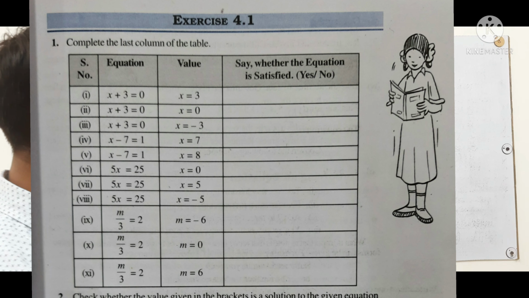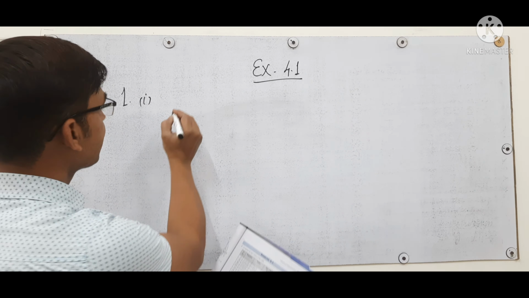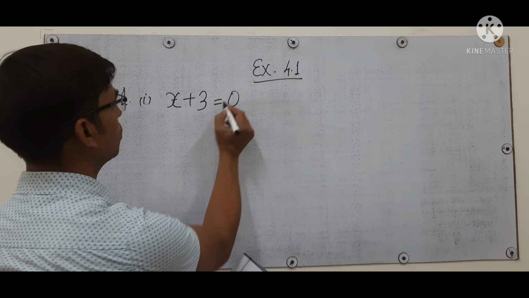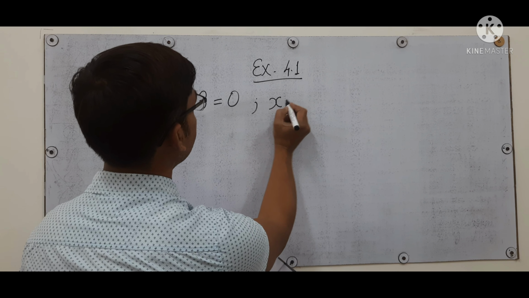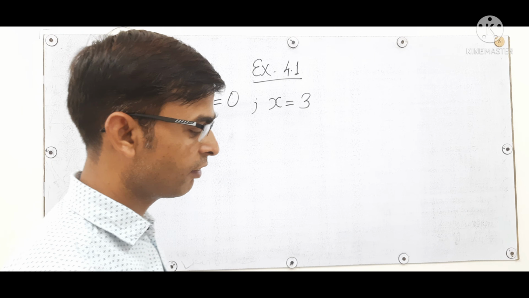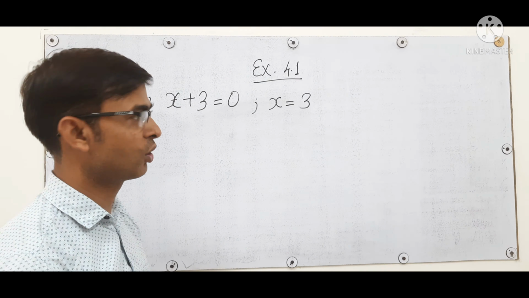Here it is written in part first, x plus 3 equal to 0, and the value of x is written as 3. We have to find whether the equation satisfies this condition or not.